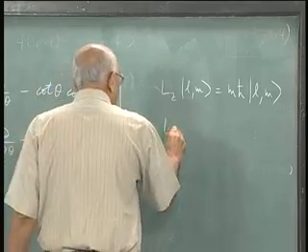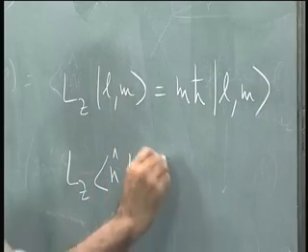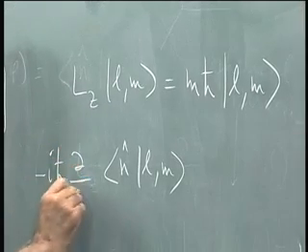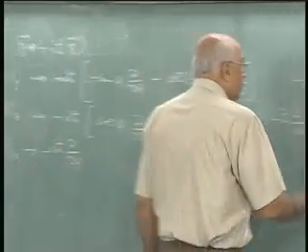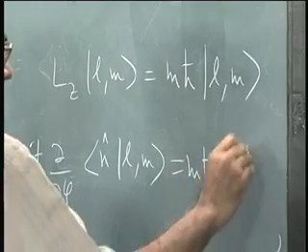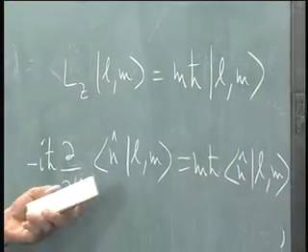Therefore Lz acting on it in the position basis, so that is minus iħ cross ∂/∂φ of this guy here, must be equal to mħ cross times it, and it is obvious that the solution to this is e to the imφ.